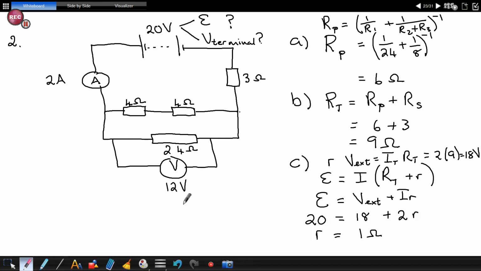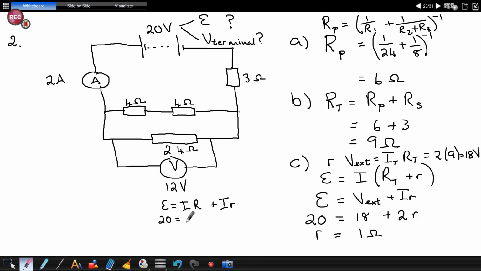You could have used E equals I times R plus I times r. But if you substitute this, you're assuming it's 20. It's dangerous to assume that it's 20, because say you worked out to have a negative r, what are you going to do then?